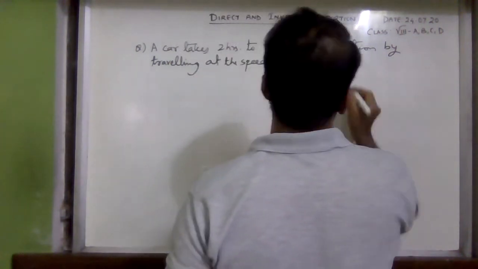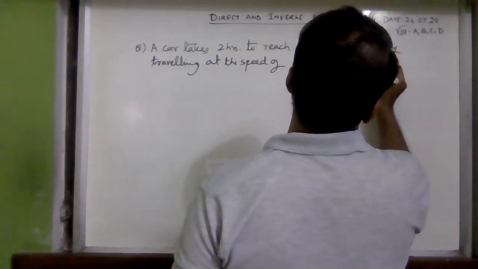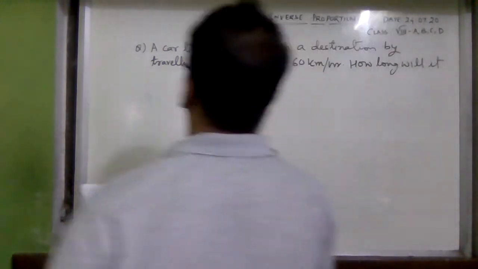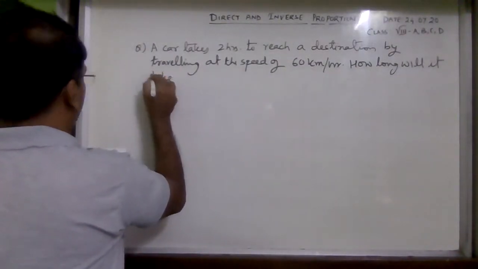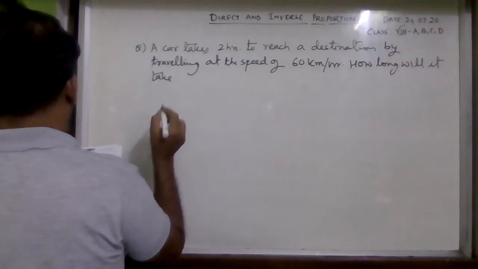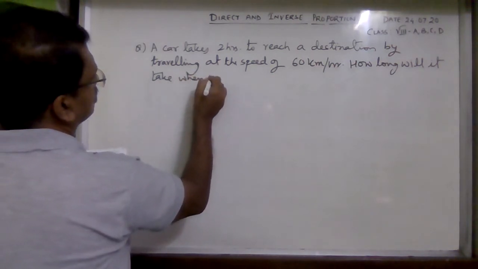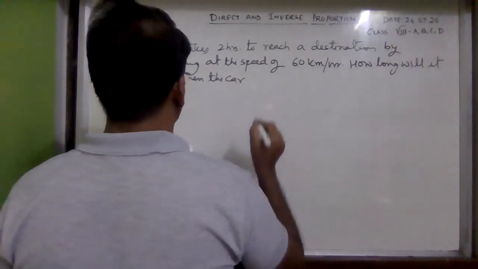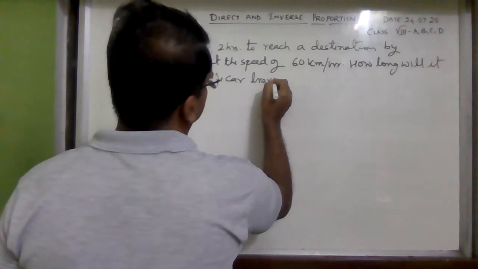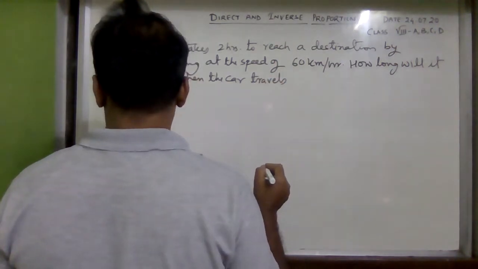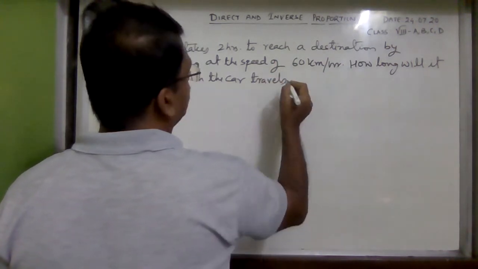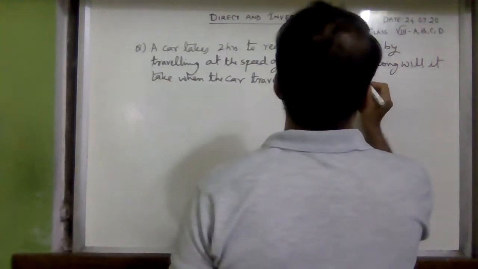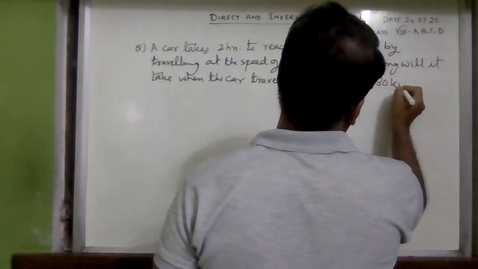How long will it take when the car travels at a speed of 80 km per hour?